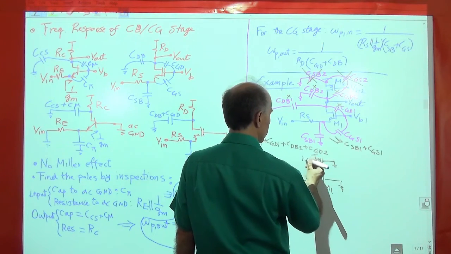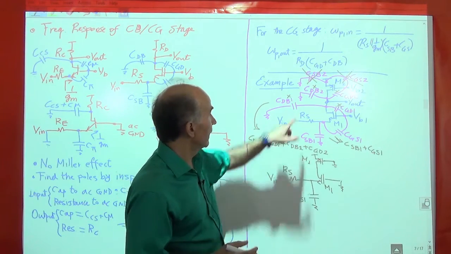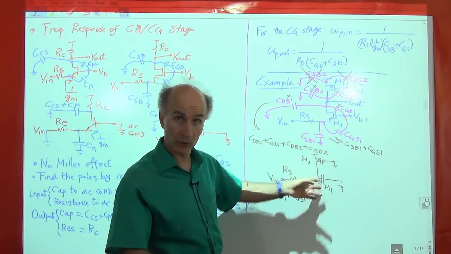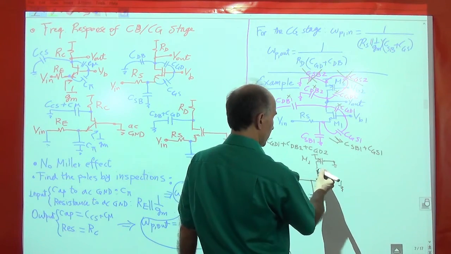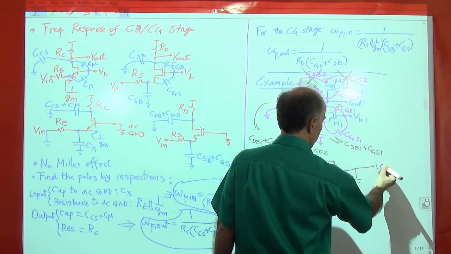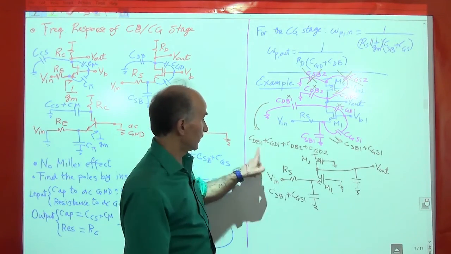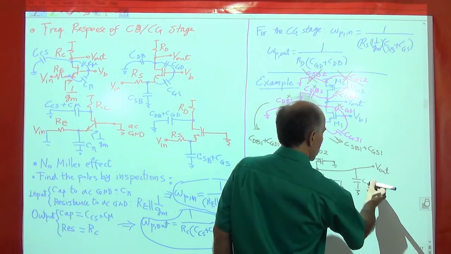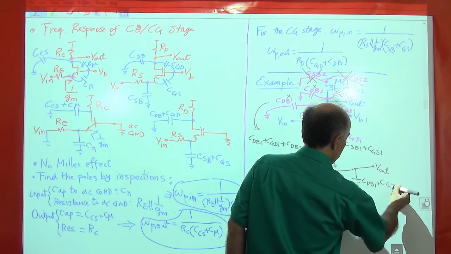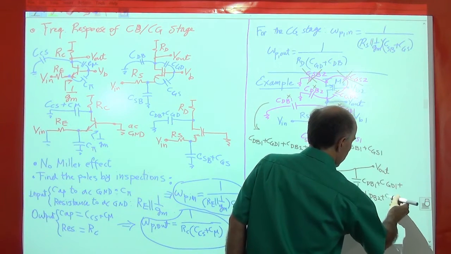This is M2. And then we have all these four capacitances that we added together as the capacitance at the output node. So maybe I'll draw it this way. It's really the same thing, right? I draw it here, and I say V out is here. This cap goes from output to ground, and its value is this whole thing. So I will write CDB1 plus CGD1 plus CDB2 plus CGD2.